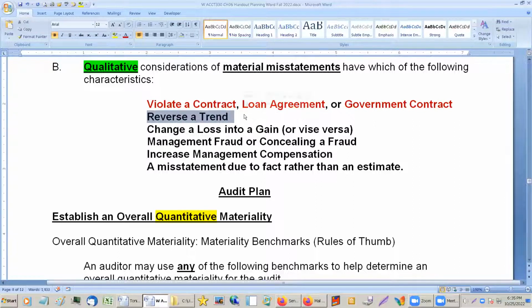Reverses a trend. These two are kind of the same. But reverses a trend may be that you go from having losses to income, or you go from sales declining to sales increasing.